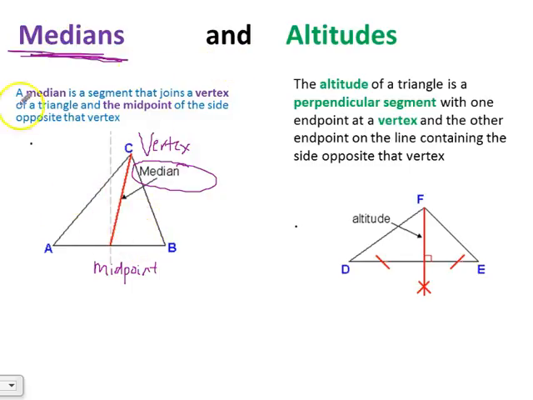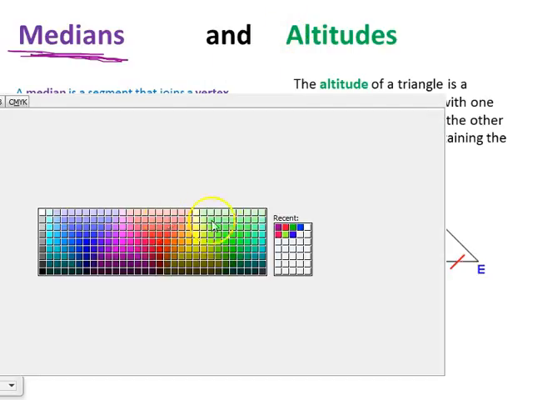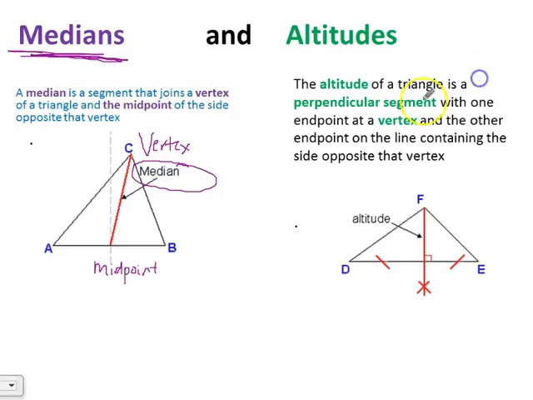Another type of segment we find within a triangle is the altitude. The altitude is also a segment within a triangle, and it is a perpendicular. The altitude of a triangle is a perpendicular segment with one of its endpoints starting at the vertex. Same thing with the median, we start at a vertex here.